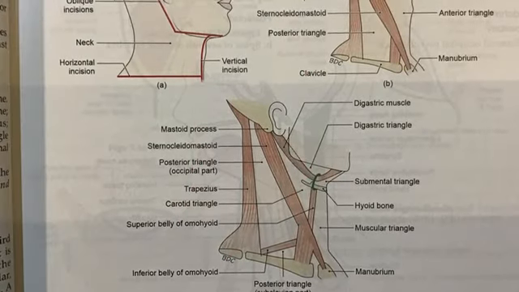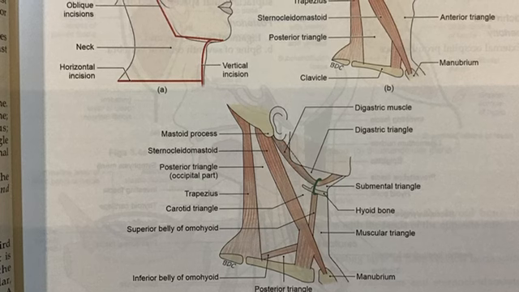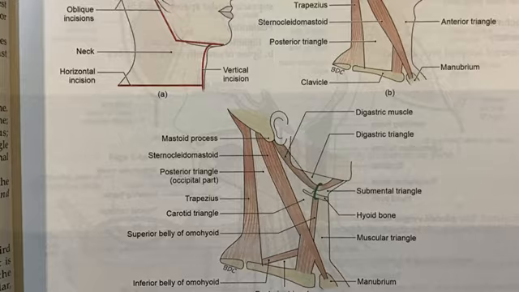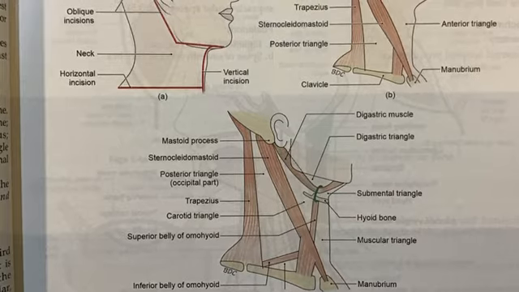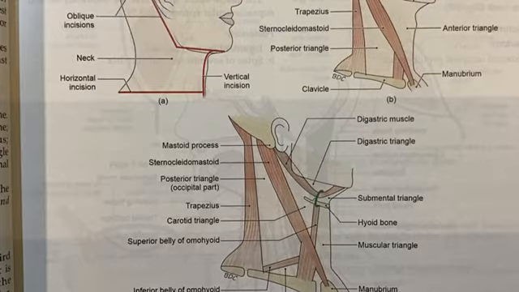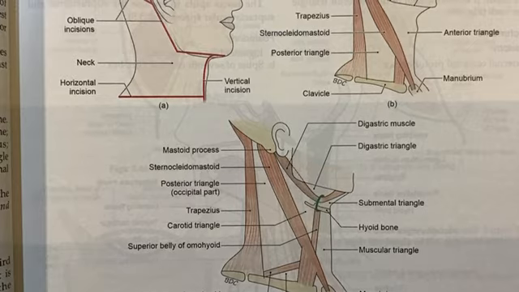This diagram is showing the triangles of the neck. It has an anterior triangle and a posterior triangle. The main muscle which divides them is the sternocleidomastoid, from the mastoid process to the manubrium sterni. Anterior to this is the anterior triangle, and posterior to this is the posterior triangle.